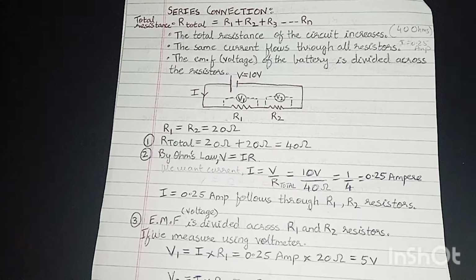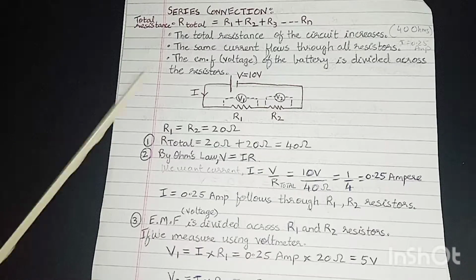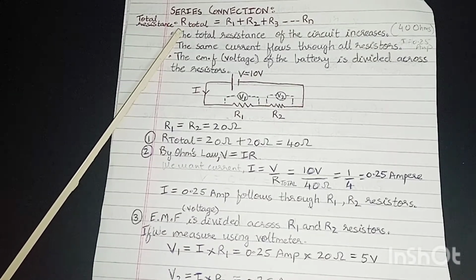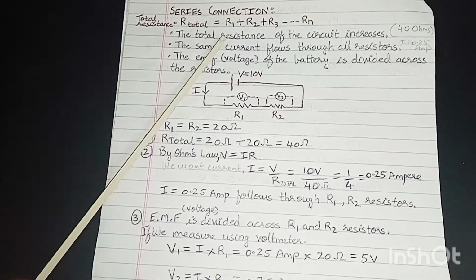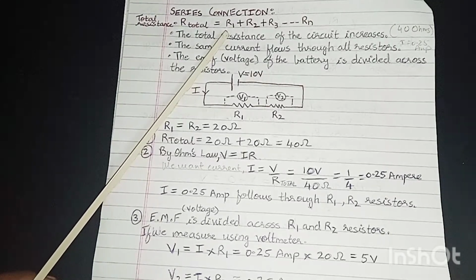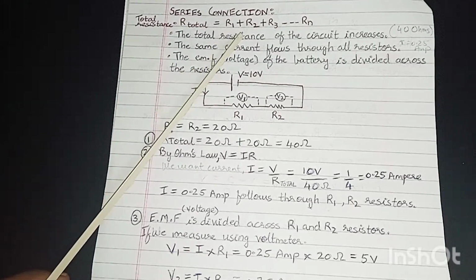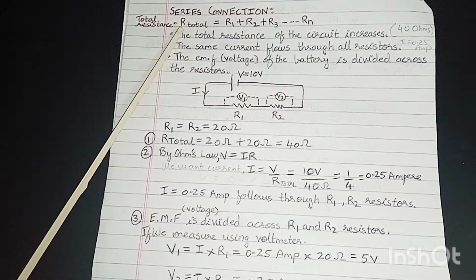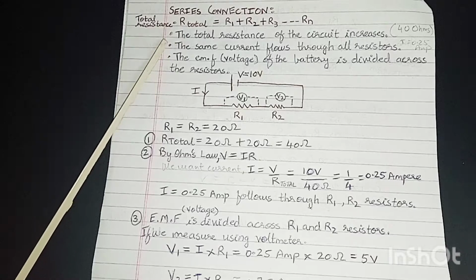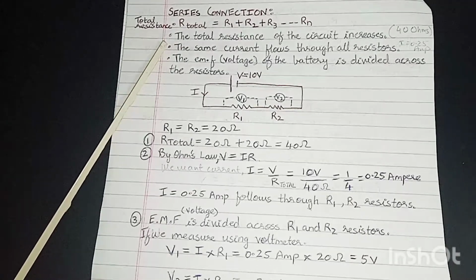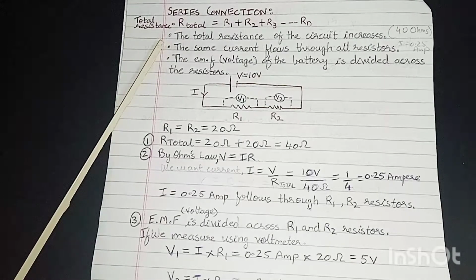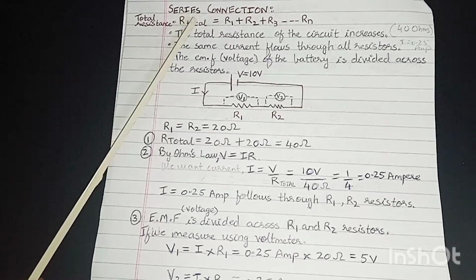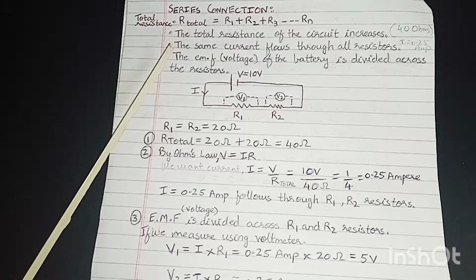Now we will try to understand series connection in much more detail. Previously we had studied that R total is equal to R1 plus R2 plus R3 and so on. In this video we will study that the total resistance of the circuit increases.